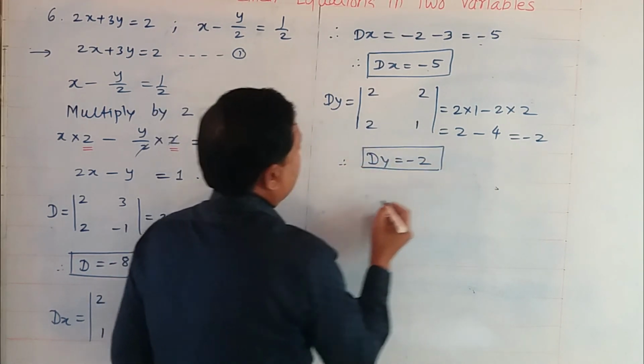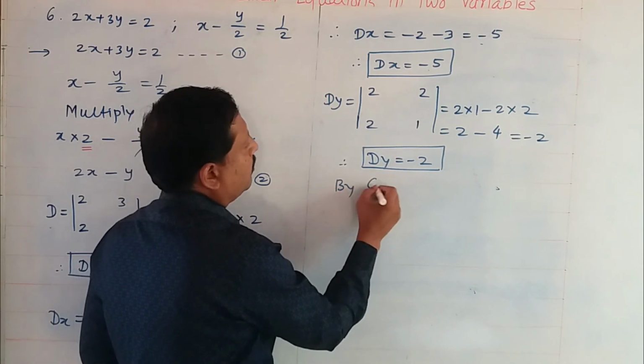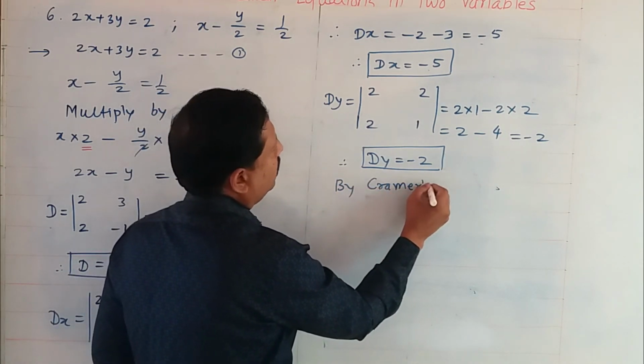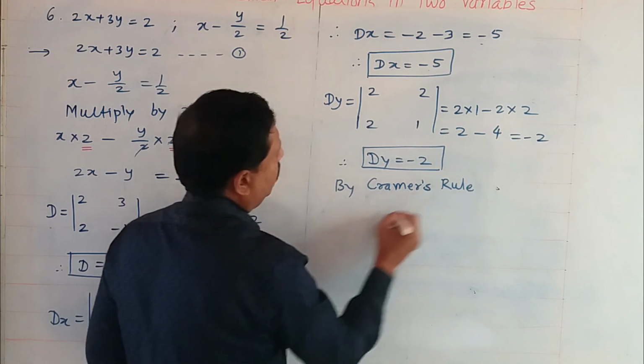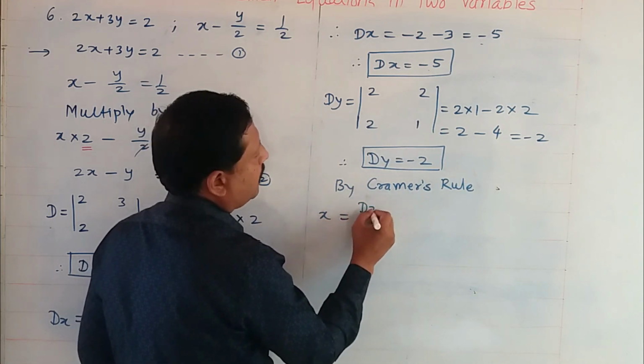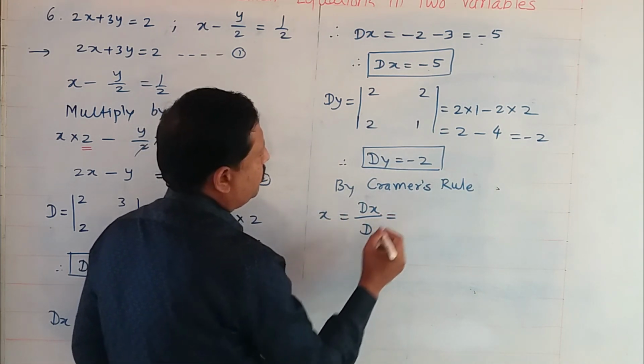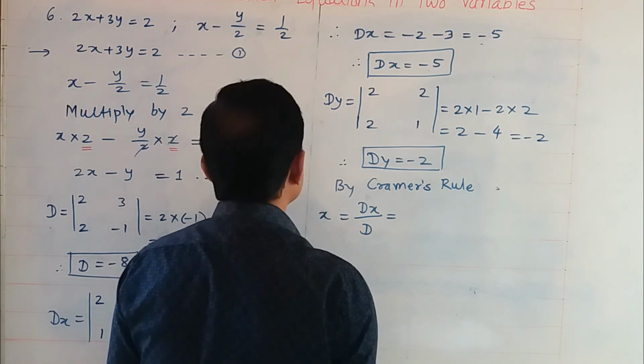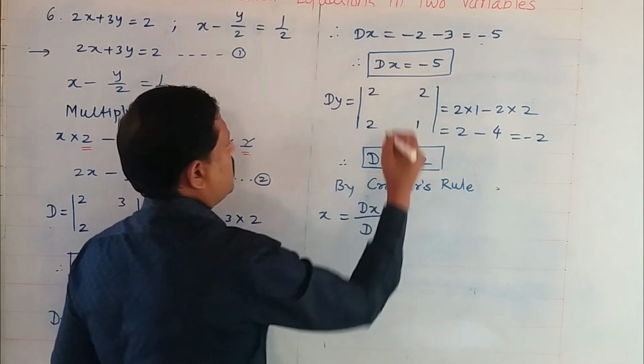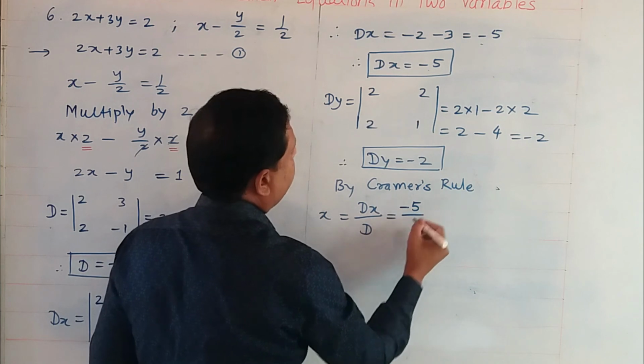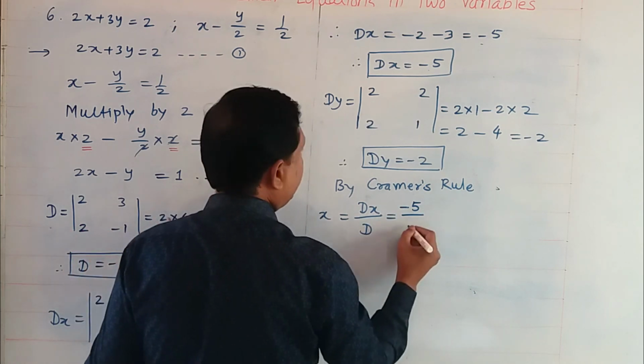Now by Cramer's rule, the value of x will be dx upon d. The value of dx is minus 5 divided by the value of d, which is negative 8.